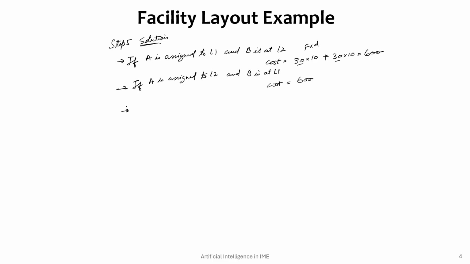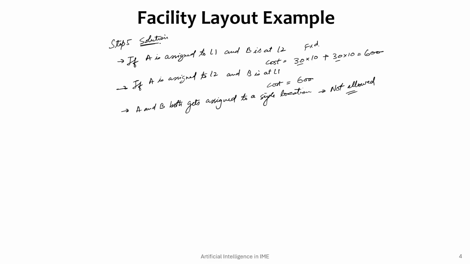And the third possibility, which is not allowed here, is A and B both getting assigned to a single location. Our constraints will not allow this.